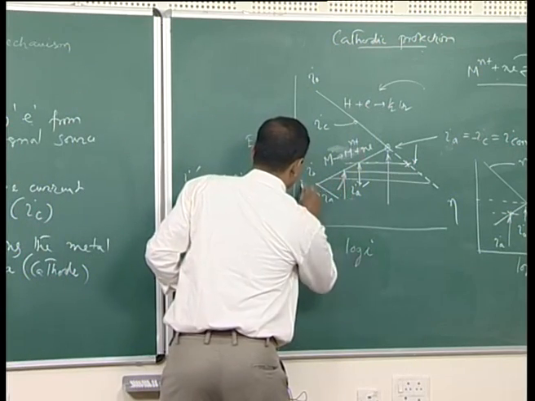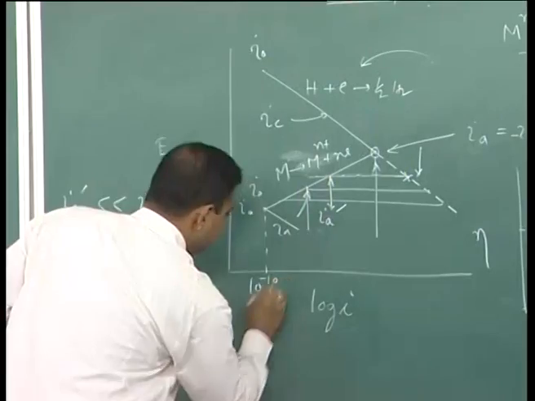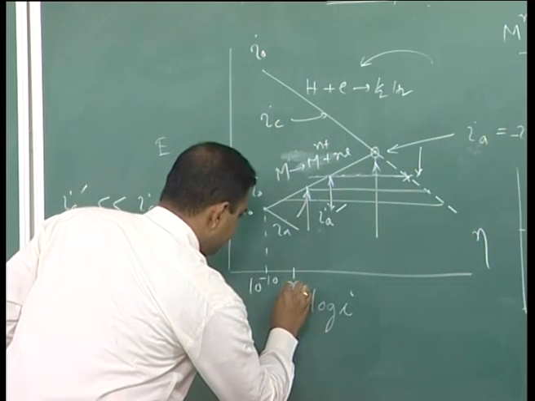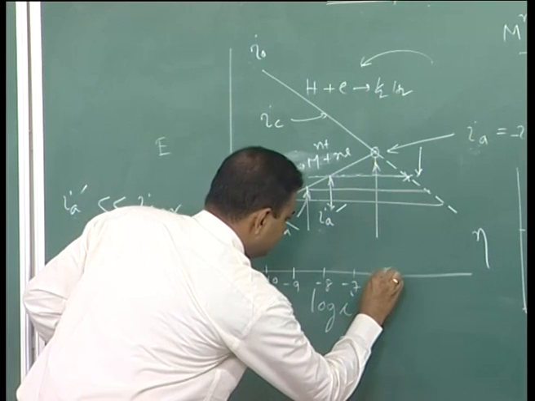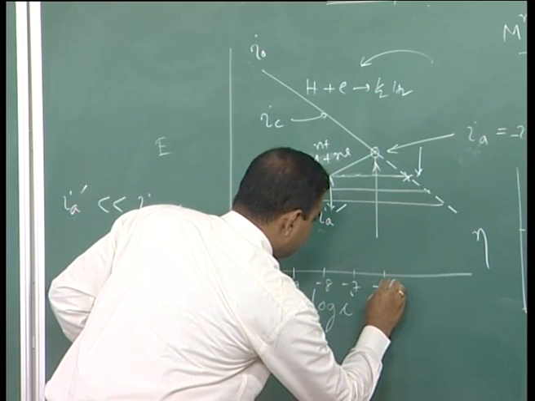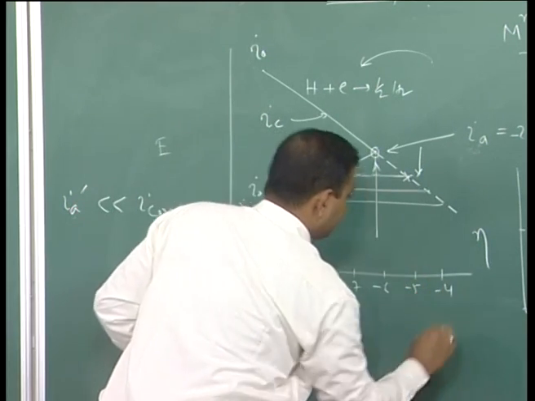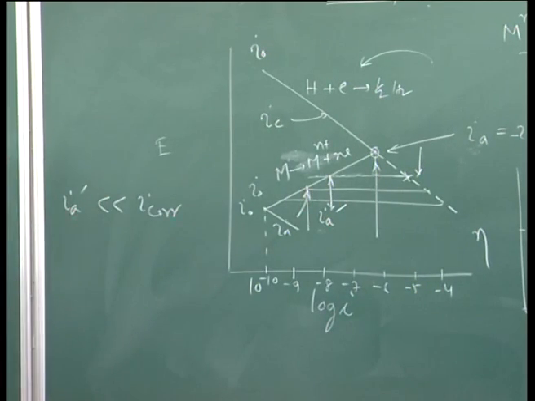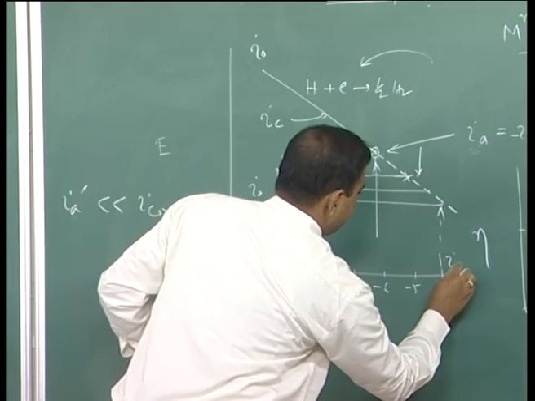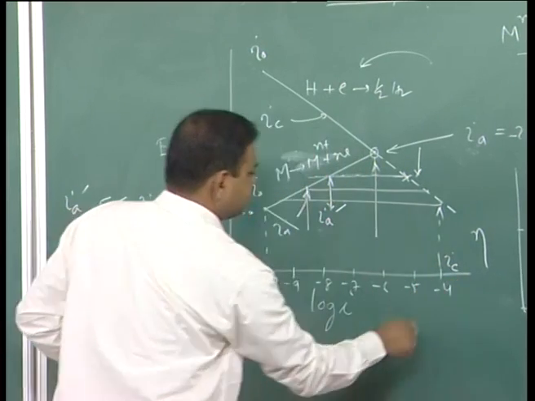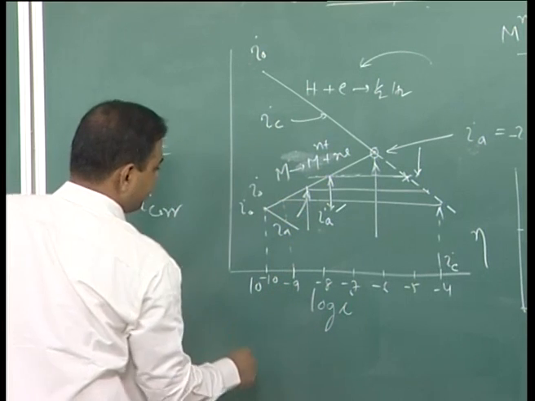Let us say this is my I_0, which corresponds to, let us say, 10 to the power minus 10. Now, gradually if you go 10 to the minus 9, minus 8, minus 7, minus 6, minus 5, minus 4, and let us say I_C is 10 to the minus 4, and here this is 10 to the minus 9.